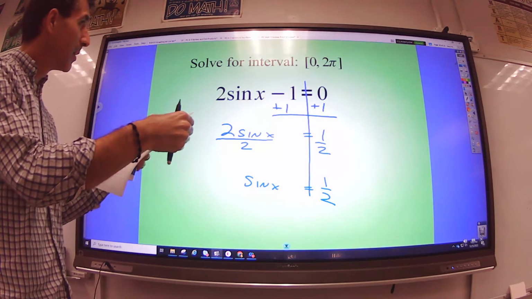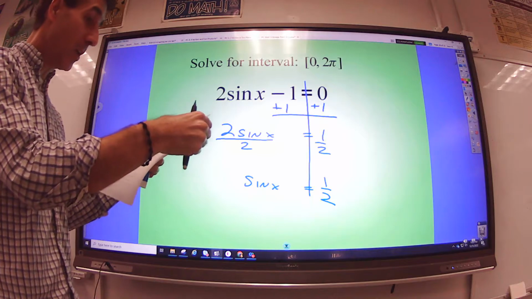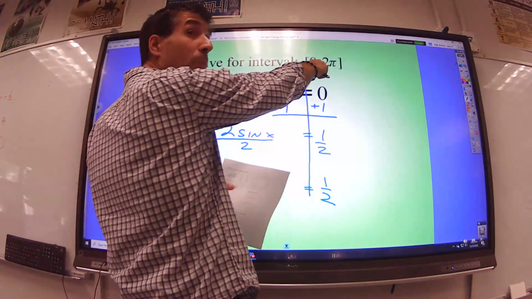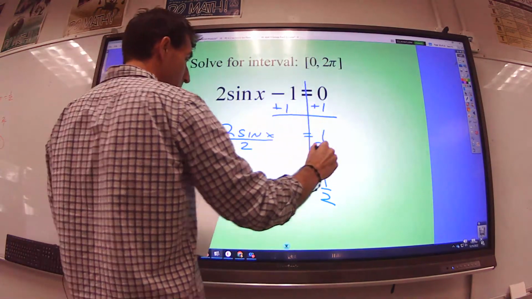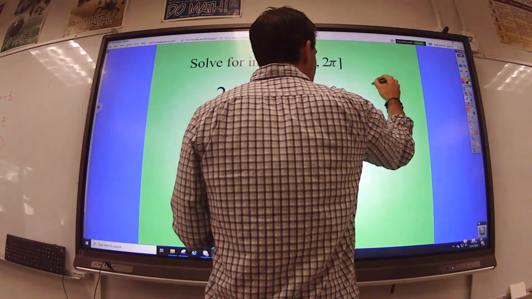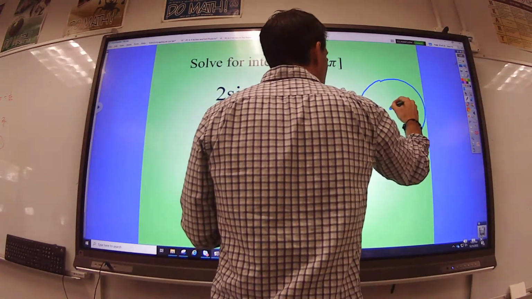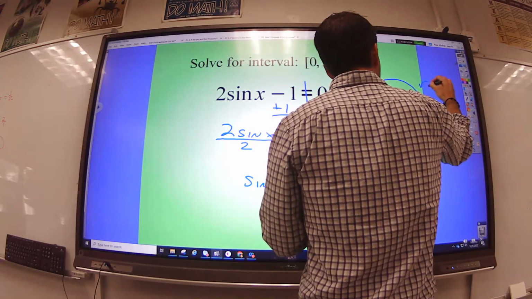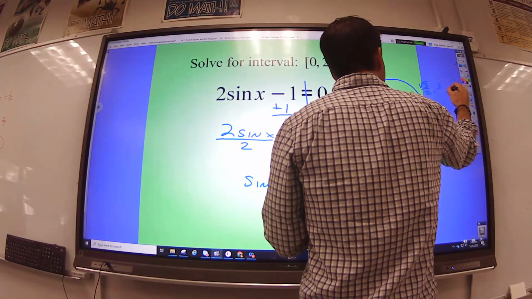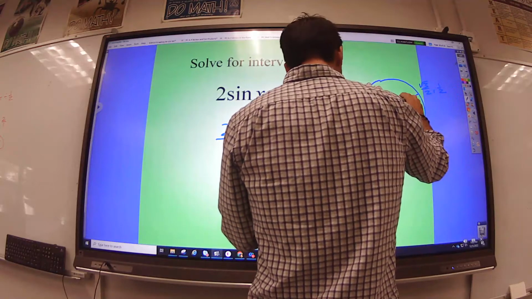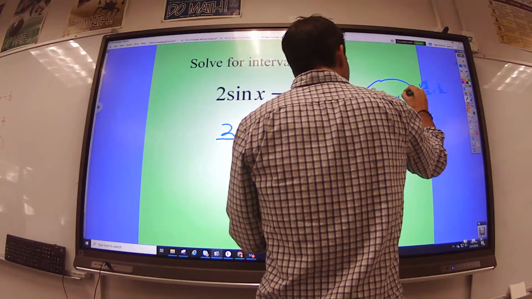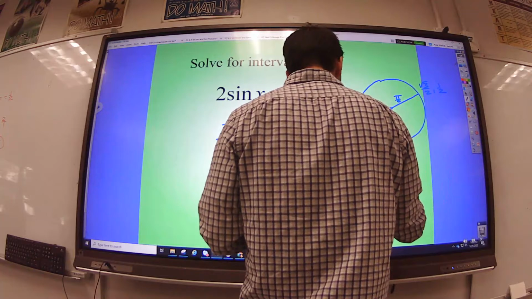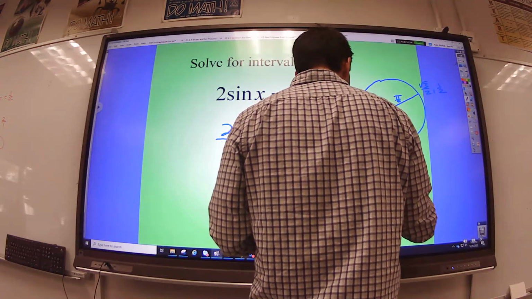I see it at pi over 6. And it is 30 degrees, but since this is in 2 pi, I'm going to leave it. It's one of them I see on the unit circle right here. I have root 3 over 2 and 1/2. And I see that that is pi over 6. So that is one of my answers.